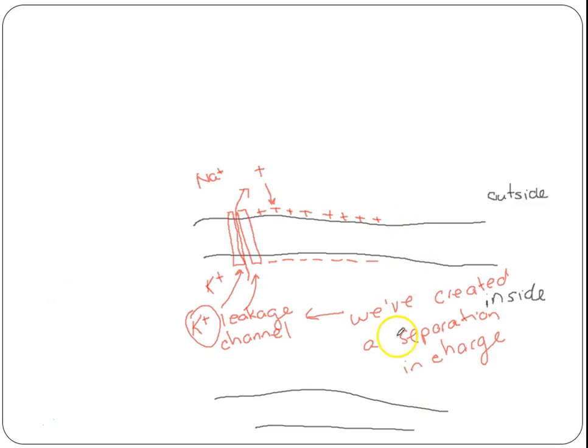Since we've separated these charges, we now have voltage. All right. And in fact, they do make these, it's incredible how they make them. They take little electrodes. They're tiny, tiny little electrodes. So you stick an electrode inside the cell membrane of this axon to measure the charge difference.